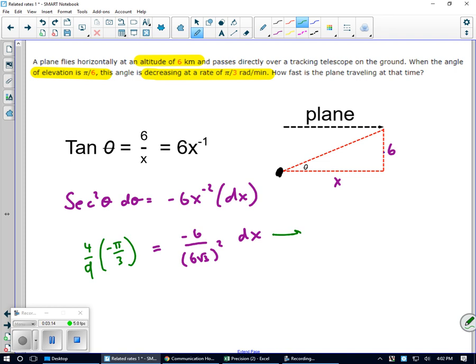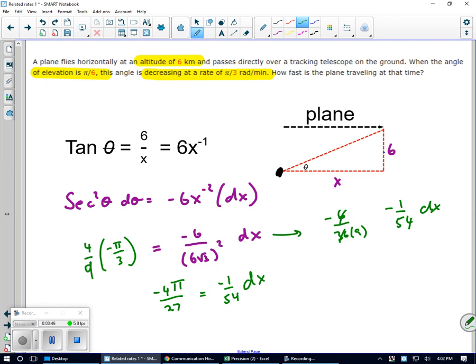Now, algebraically, when I clean that up, I get negative 6 over 36 times 9, and that cleans up to be negative 1 over, canceling a 6 out, 54. And this is times dx. So I now have negative 4 pi over 27 equals negative 1 over 54 dx.